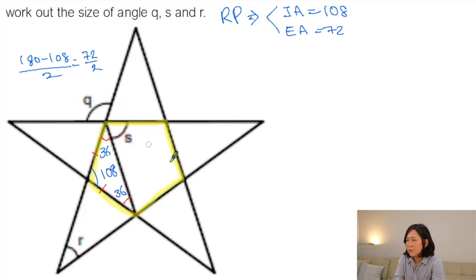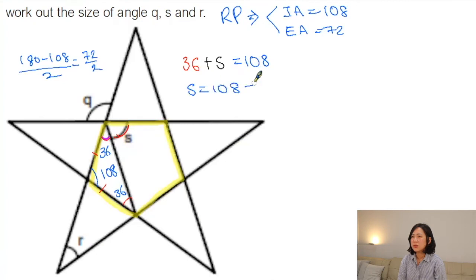So we found the 36. Now, do you think you can find the S? Yes, S and 36, put them together. These are one of the interior angles of the regular pentagon. 36 add S is 108. Then S equals 72, right? So we found the S.